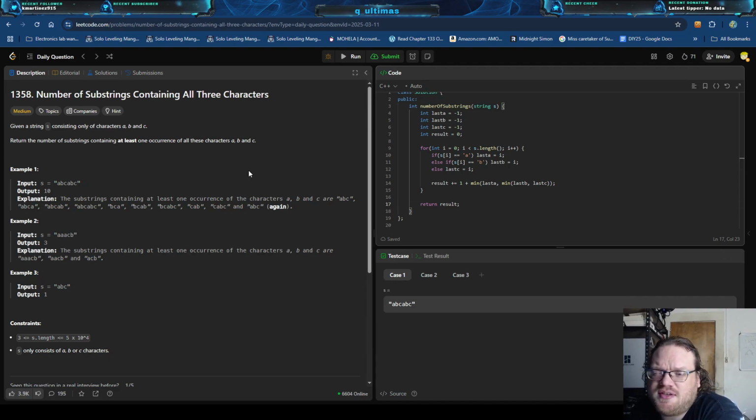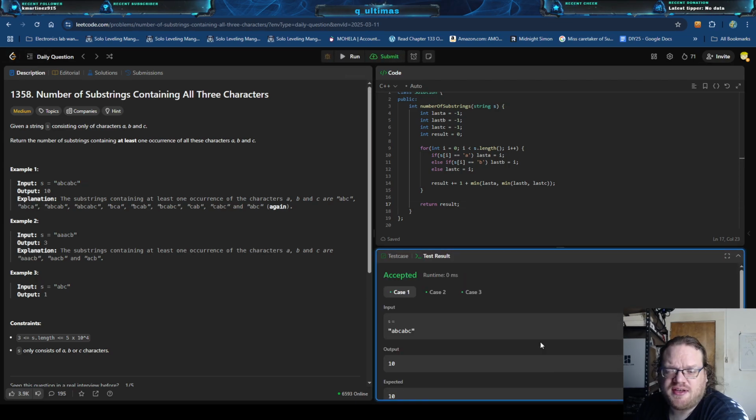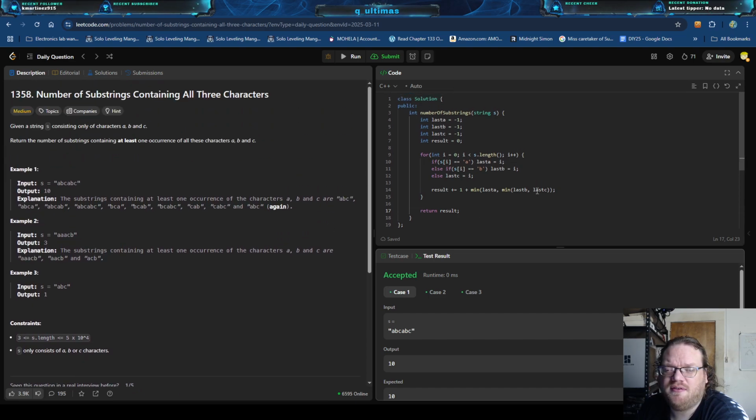And it basically uses the same concept of the leading or the trailing characters from the last problem, but it doesn't need a sliding window to do it. It's basically the same concept though.